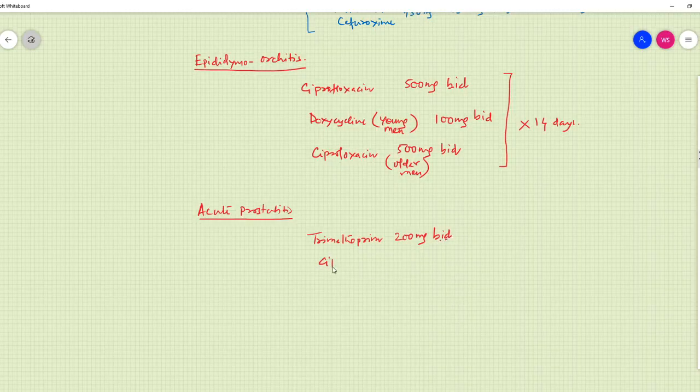And the second choice is ciprofloxacin, 500 milligram BID. But the thing with prostatitis is it has to be given for a very long duration of time, 28 days, to clear up the infection.